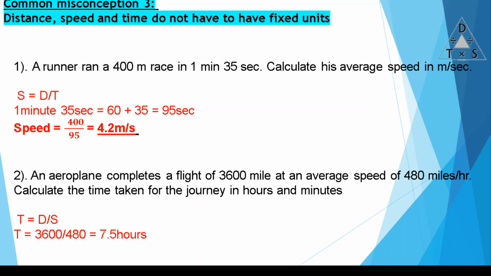Now, you can write the answer as 7.5 hours, but the question says calculate the time taken for the journey in hours and minutes. So we need to change the 0.5 into minutes. 0.5 is half, and half an hour is equivalent to 30 minutes. So your actual answer should be 7 hours, 30 minutes.